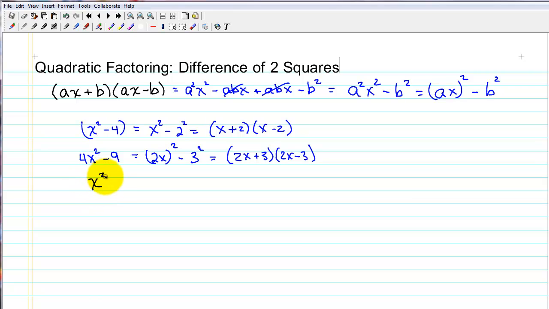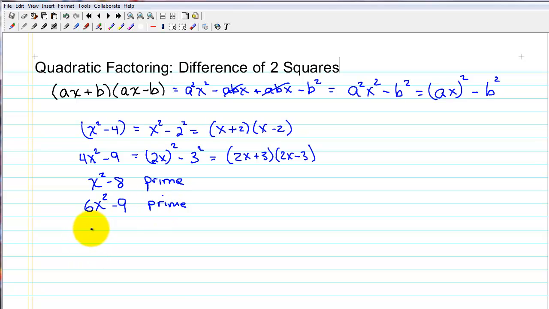This would not be factorable by difference of two squares because 8 is not a perfect square. This is also not factorable. 9 is a perfect square, but 6 is not, so that's also prime.